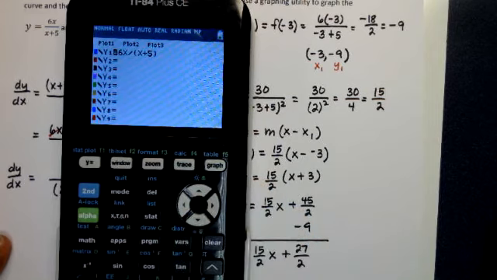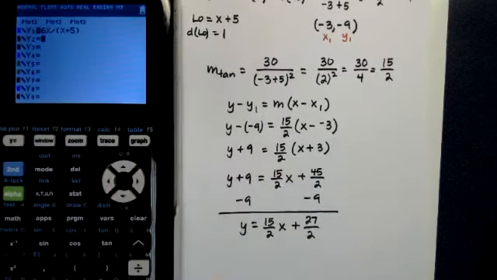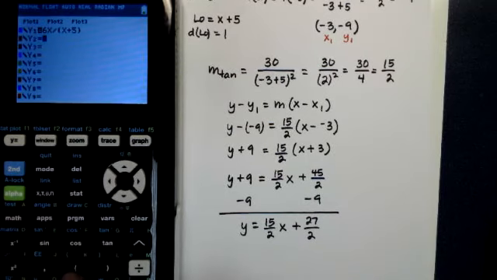And then go down to y2 and enter this equation right here. That's the equation of the tangent line. 15/2 x, I'm going to put the 15/2 in parentheses and then get the x plus, in left parenthesis, 27 divided by 2.